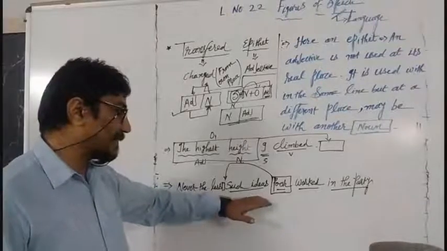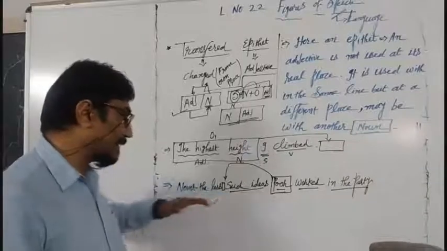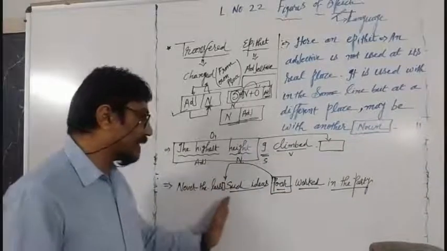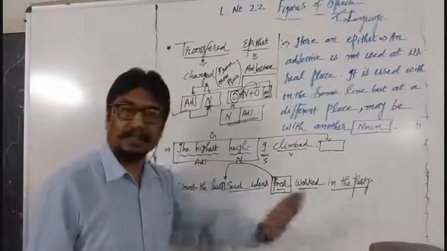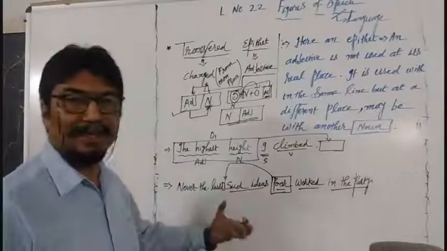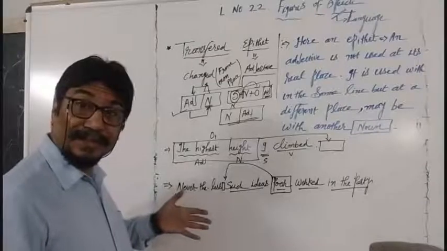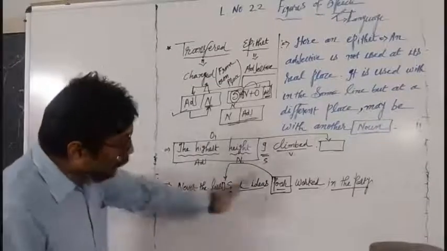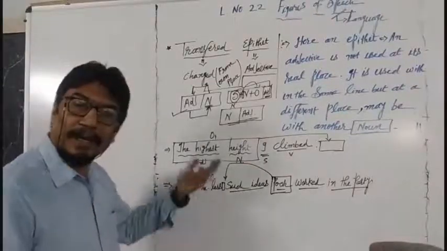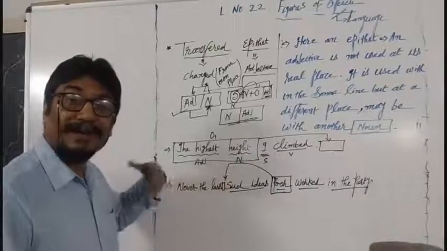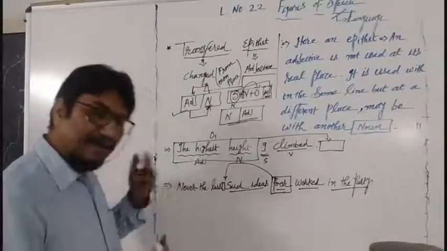Poor ideas, such poor ideas, nevertheless worked in the party. This should be the structure, but I have not made that structure over here. So I have changed the epithet. So, transferred epithet.